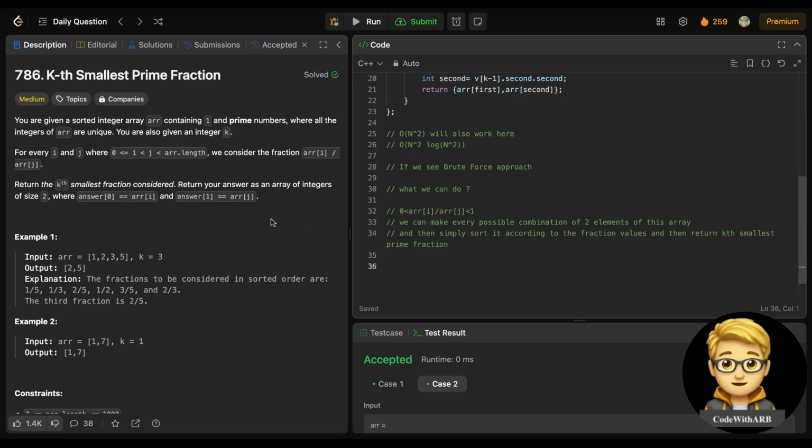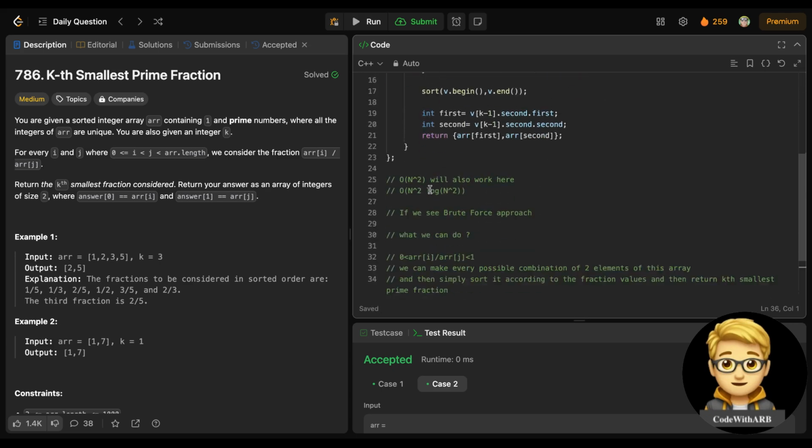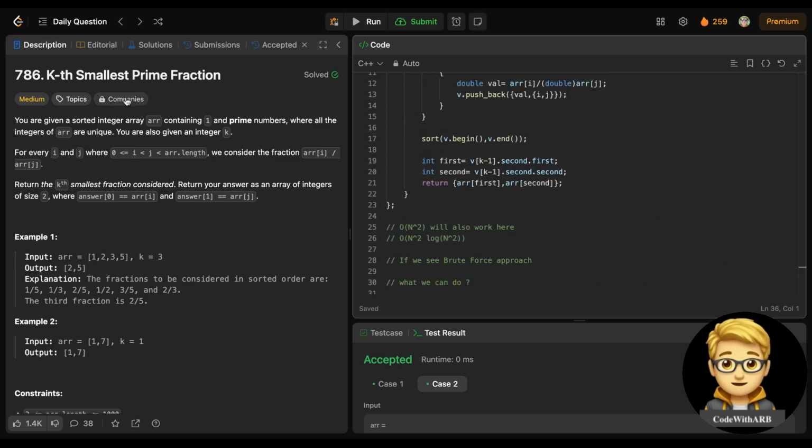So one thing we can think of: don't you think we have already solved this kind of approach?